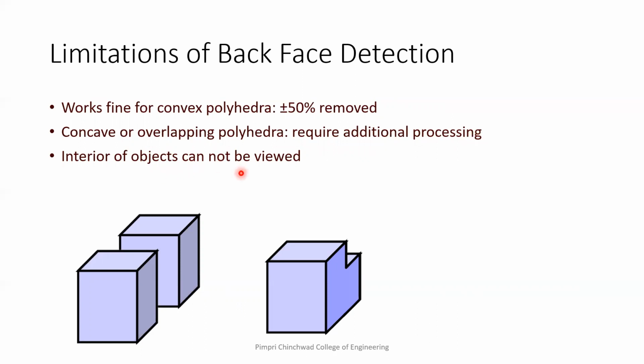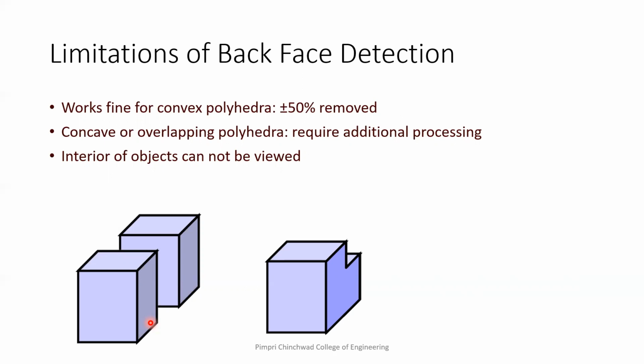And the interior of the objects cannot be viewed. For example, if we have one box and suppose this front face is not there, okay, it is an open box. So I have to see the back side, but by this algorithm that is not possible.